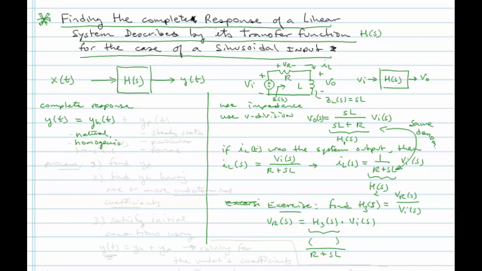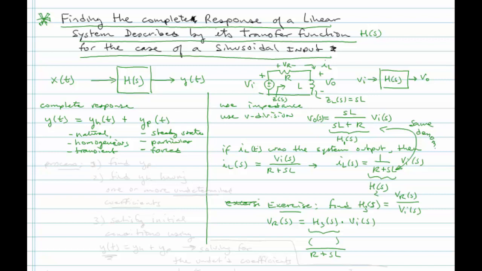These are all equivalent names: natural, homogeneous, transient. That's our first component in our complete response, plus our steady state response. So steady state, we might also call it particular. That's what you call it in a differential equations course. We might also call it forced. It's being forced by a particular type of excitation in the input.